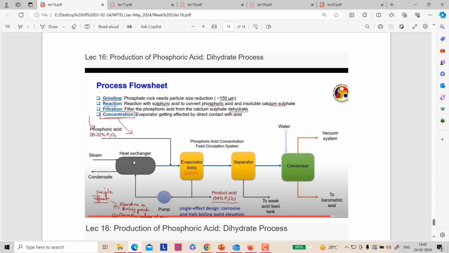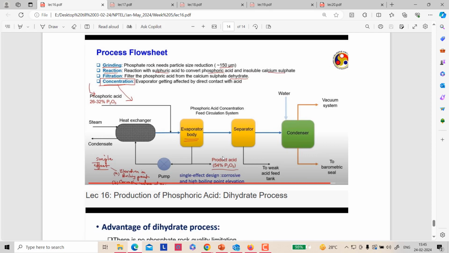For that we need to pass it through the heat exchanger. In the heat exchanger, steam comes from one side and hot fluid on the other side. From this evaporator body the product passes through the heat exchanger, and from there we get more concentrated P2O5.